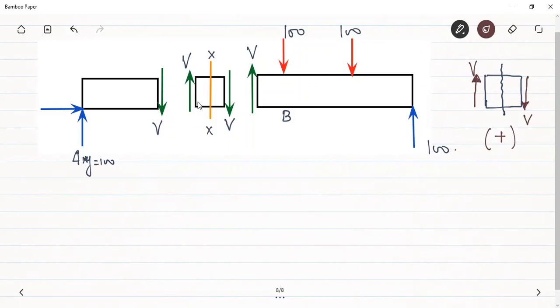Look at the shear force which we found by the section method. At this section, we found the shear force to be 100, and that was positive. Going back to that section method, this gives us the justification that this shear force is positive.